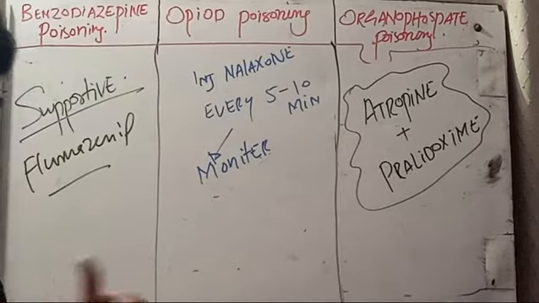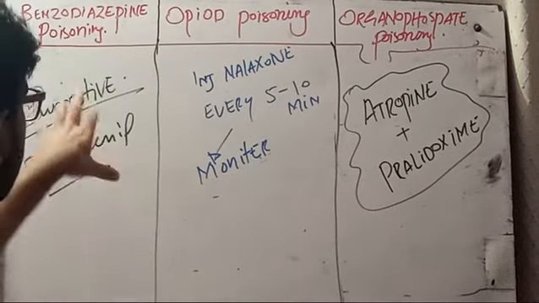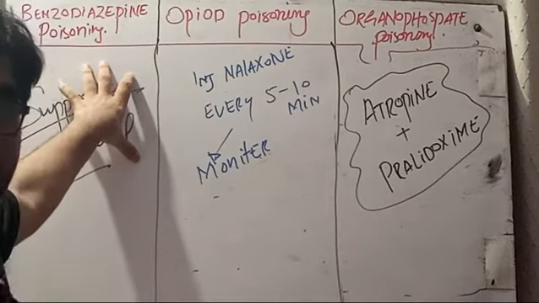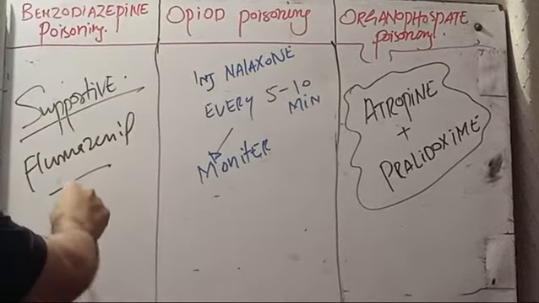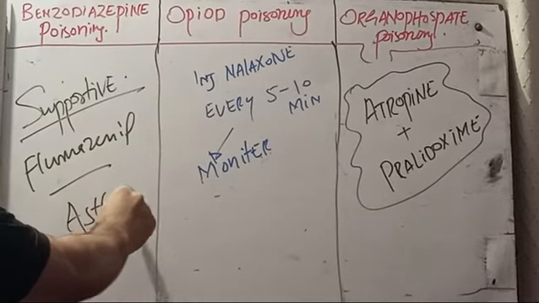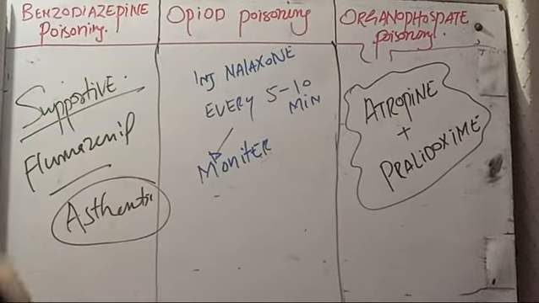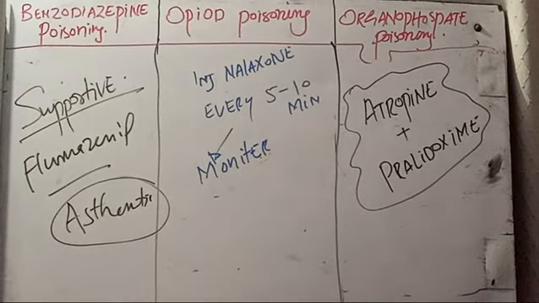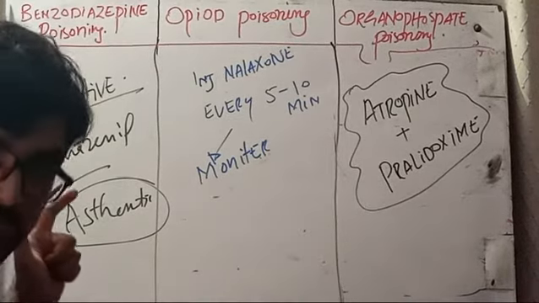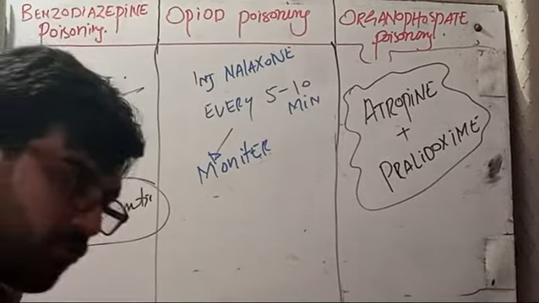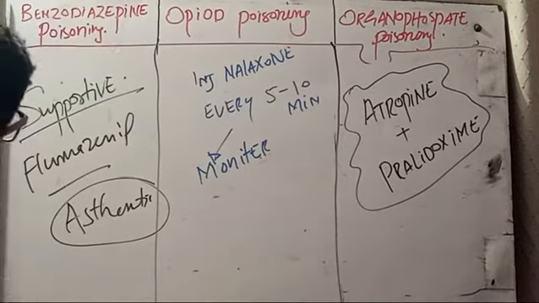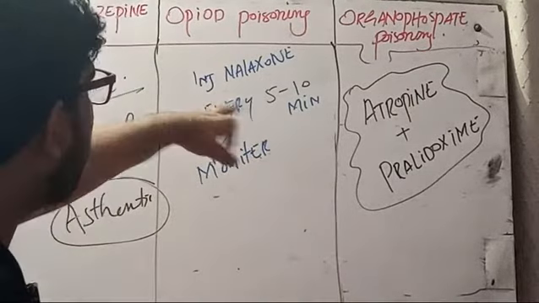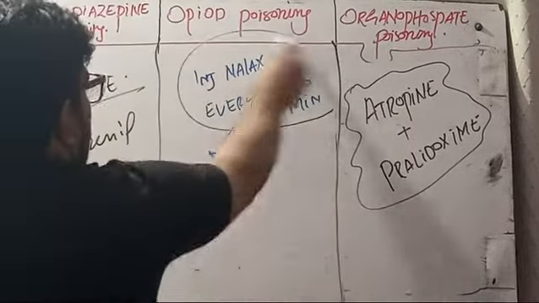If there is something else going on, then this is not that safe a diagnosis. For example, a patient is asthmatic, he is also at risk of respiratory failure, and benzodiazepine is causing respiratory failure again. So you have to look for comorbids from the pulmonology point of view and the metabolic point of view. In opioid poisoning, give injection naloxone every 5 to 10 minutes until there is pupillary dilatation.